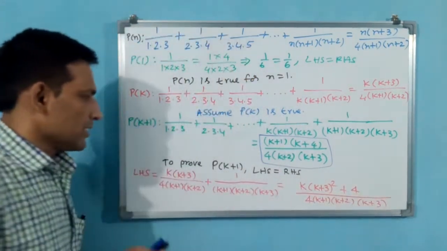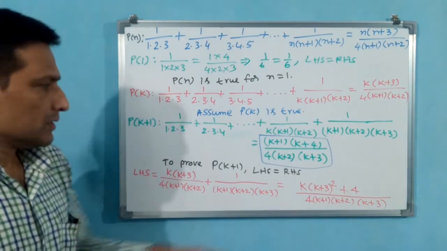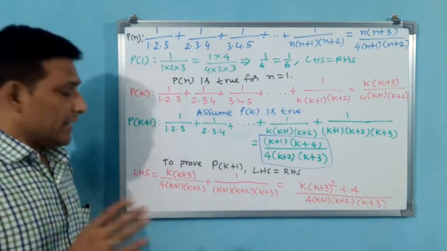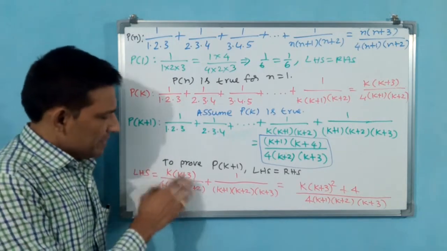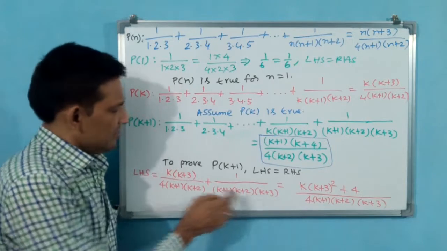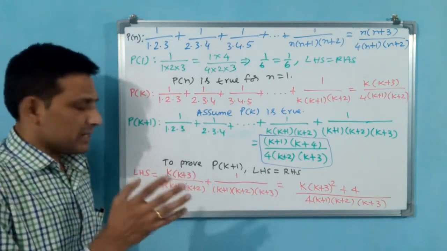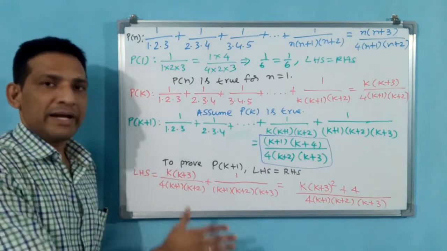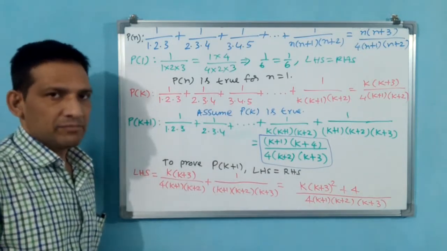You understand how it has come? Okay. We have taken LCM. While taking this, k plus 1 and all, you simply think this is A, B, C. Like that, if you think in mind, then you can get this LCM.